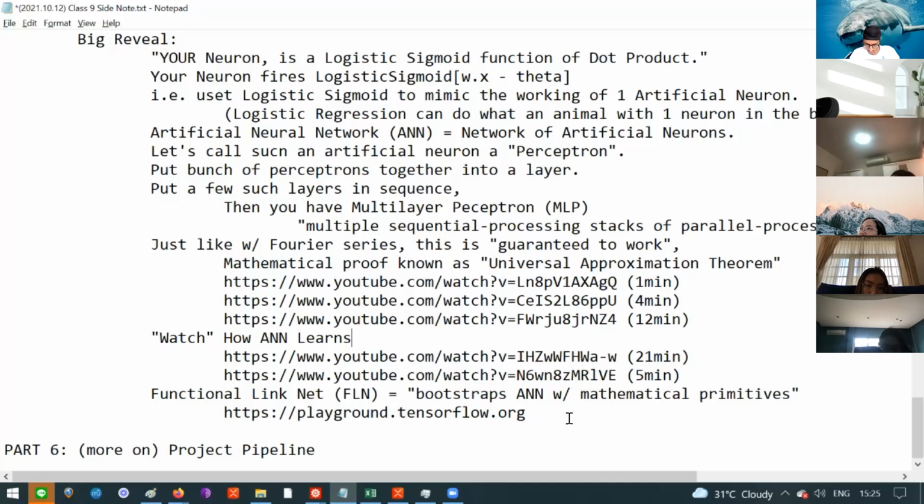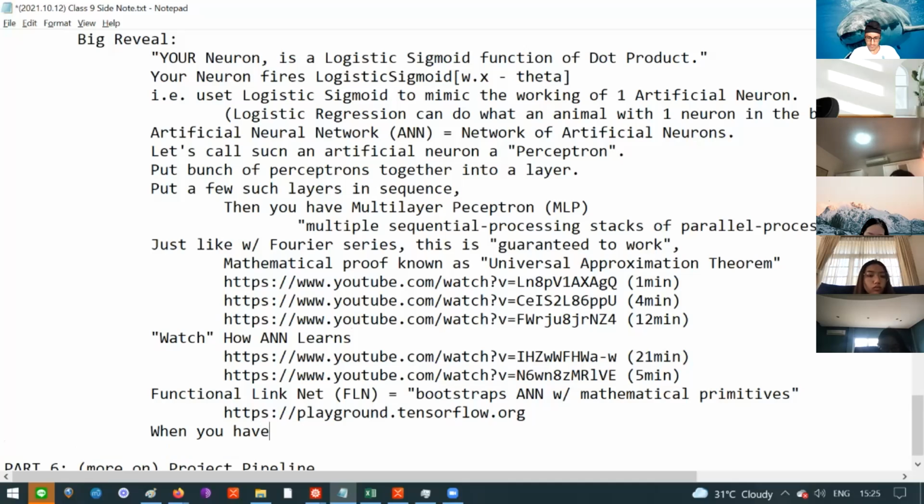Eventually, when you have many layers, you earn the title deep learning. Well, you actually have something else, but you know.